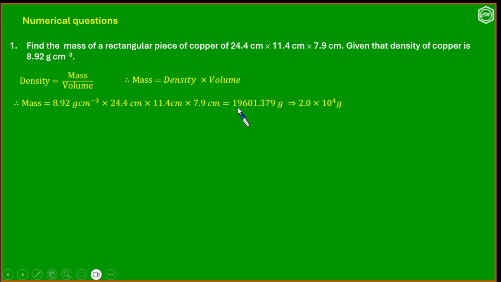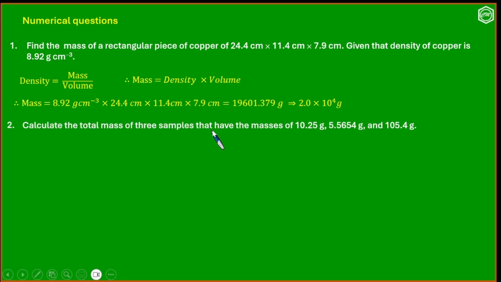So we have to express this in two significant figures. So the digit to be retained is 9, and the digit to be dropped is 6. So 9 increased by 1. So in order to keep the same value, we must express in scientific notation. It is 1.9601. So when we are dropping 6, 9 increases by 1. So therefore the value will be 2.0 into 10 raised to 4 gram.